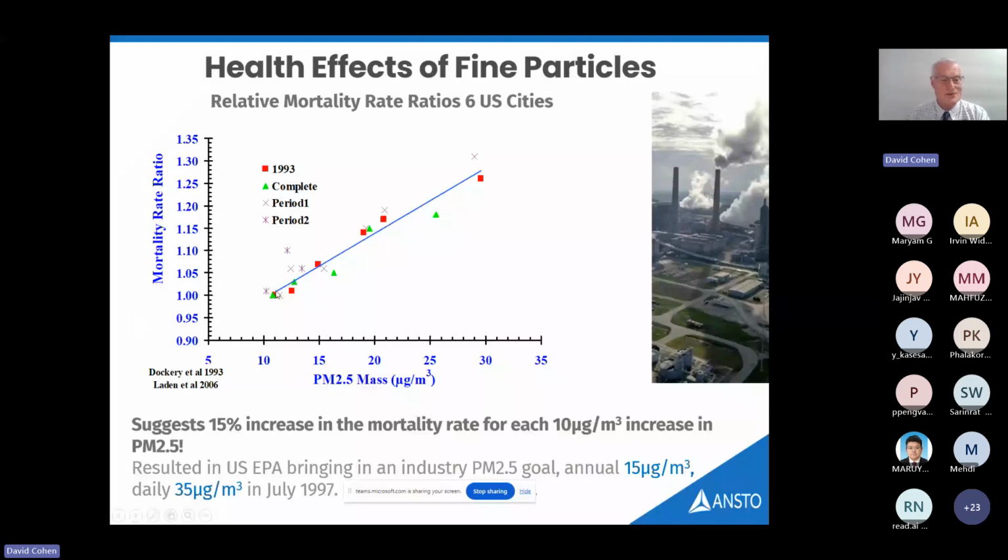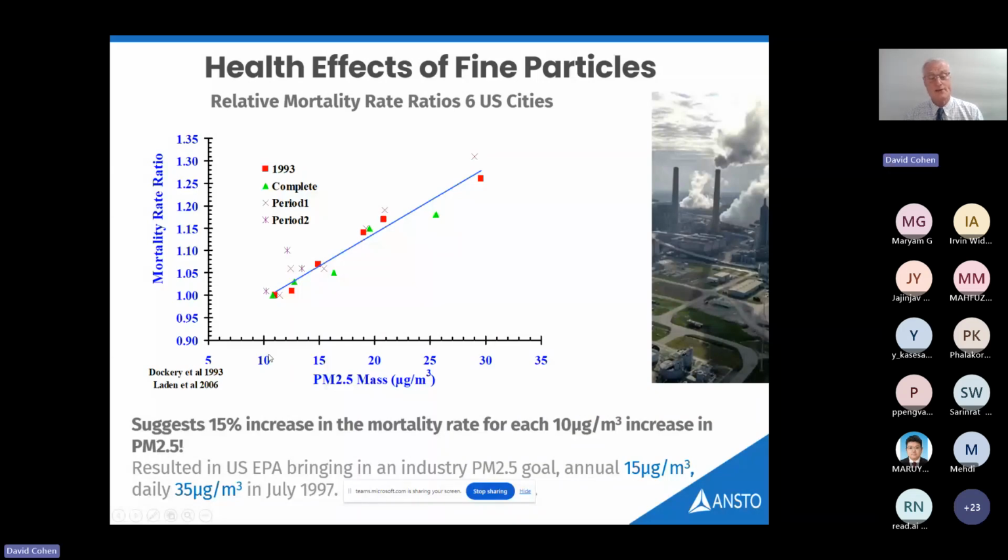And if you plot that residual death rate as you go to more and more polluted cities, you get a linear relationship here. And you can see with cities that have an annual average of 30 micrograms per cubic meter, you've got 30% higher death rate than you had at 10 micrograms per cubic meter. So this graph suggested back in the 90s, and it's pretty well confirmed today, a 15% increase in the mortality rate for each 10 microgram per cubic meter increase in the fine particle, PM 2.5 concentration.